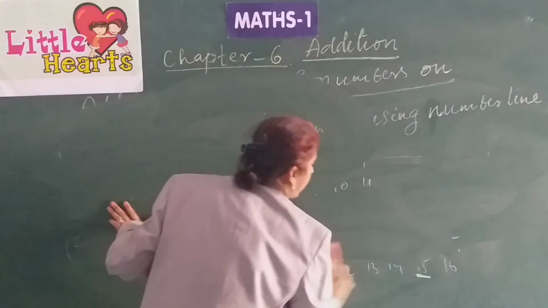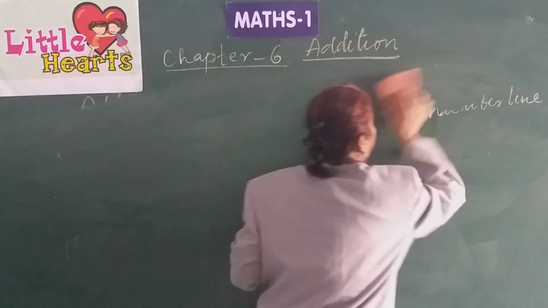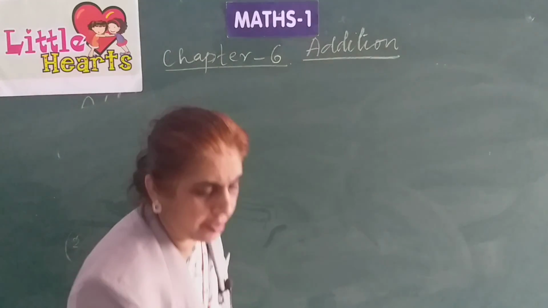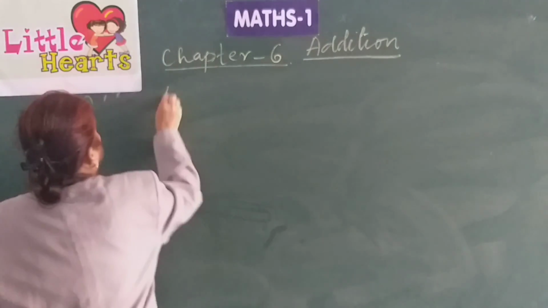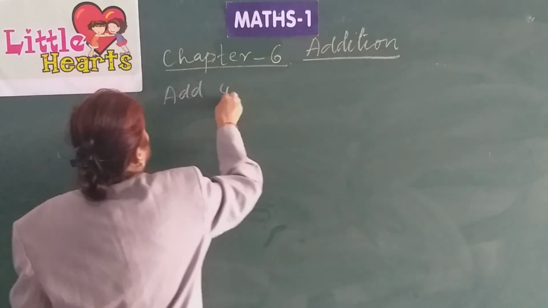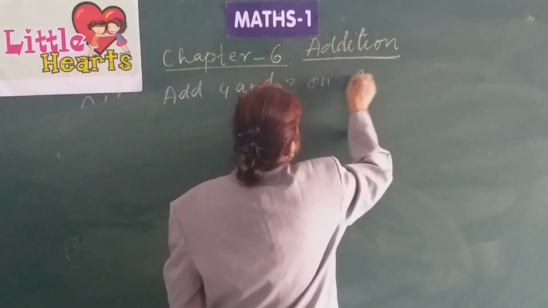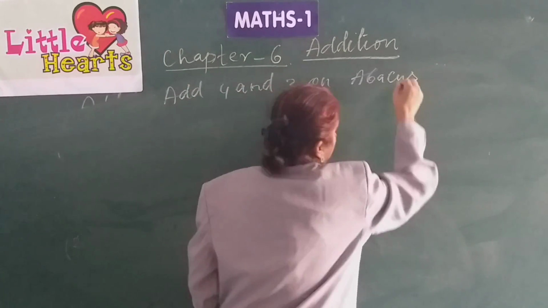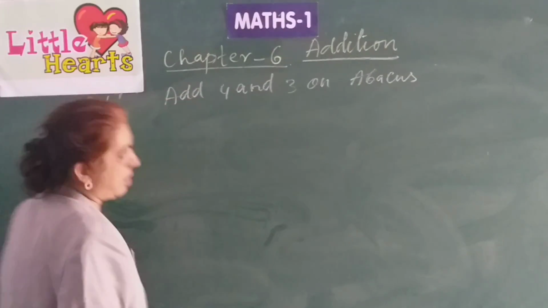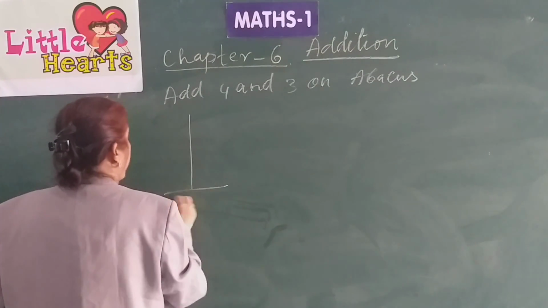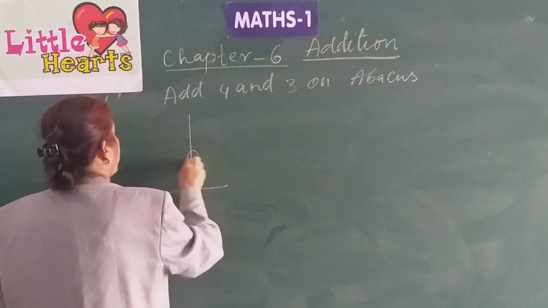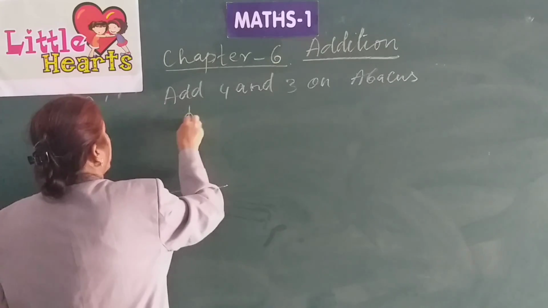Abacus is a frame on which beads are given. Add 4 and 3 on abacus. One, two, three, 4. 1, 2, 3.